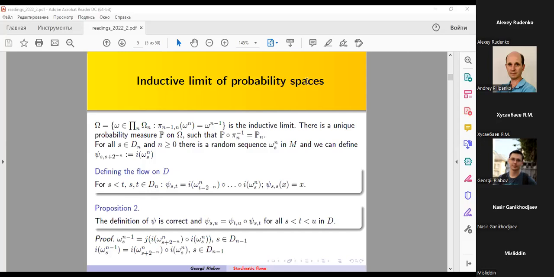So the fact that the definition is independent of n follows from our construction of the inductive limit. Okay, and also now the flow property is easy to check.